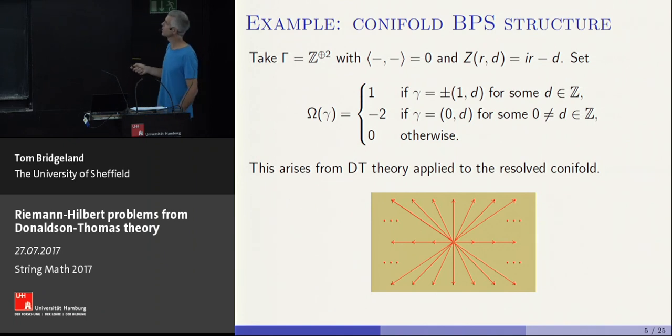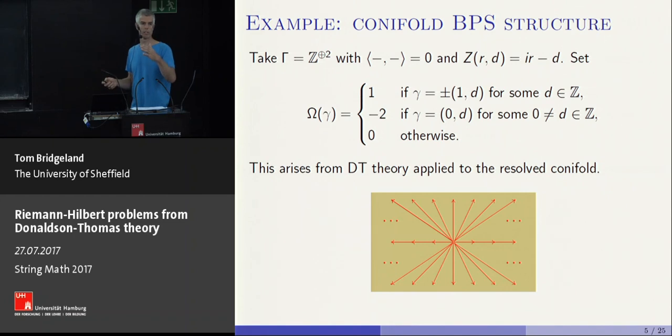Geometrically, you should think that the resolved conifold has a single P1, a single rational curve. These are the line bundles on that rational curve of degree D, and these are the points on the conifold, so unfattened points. These are zero-dimensional sheaves on the conifold. So that's what the DT theory gives you.